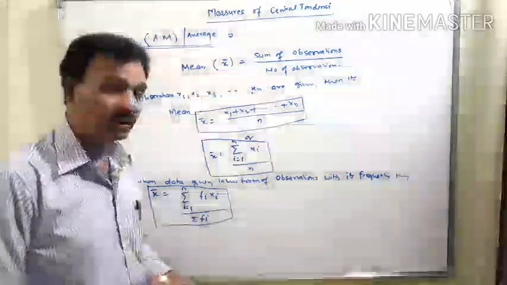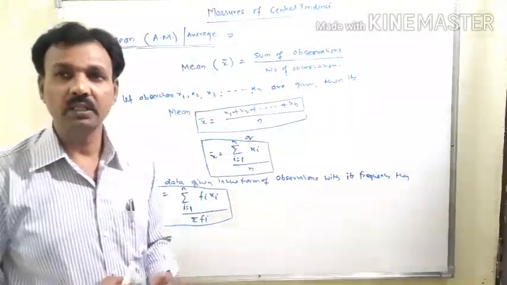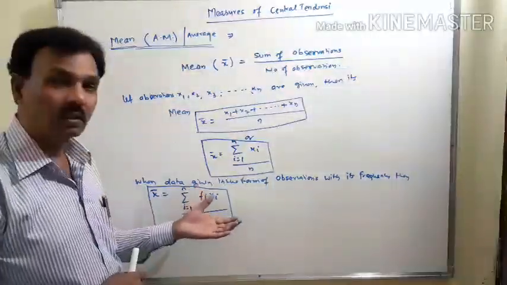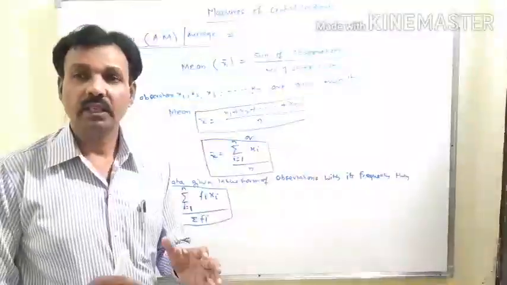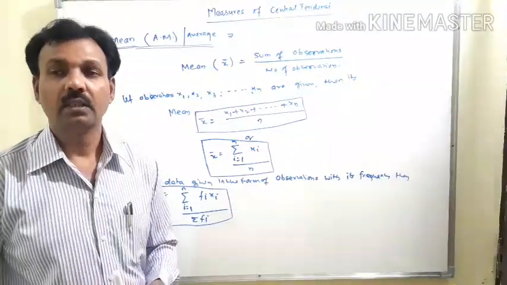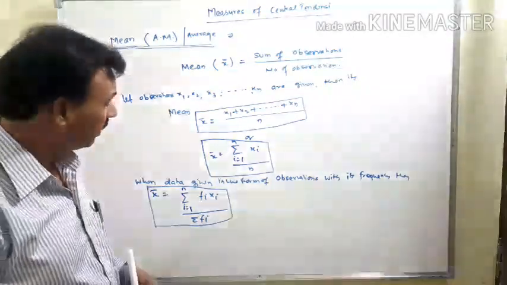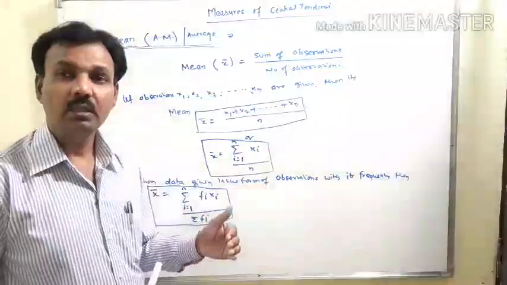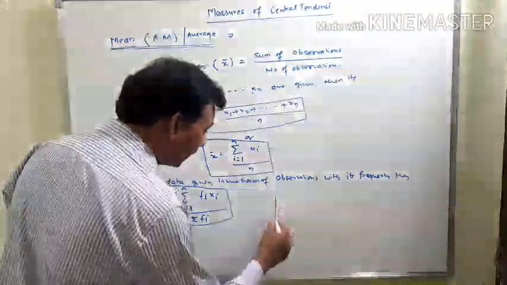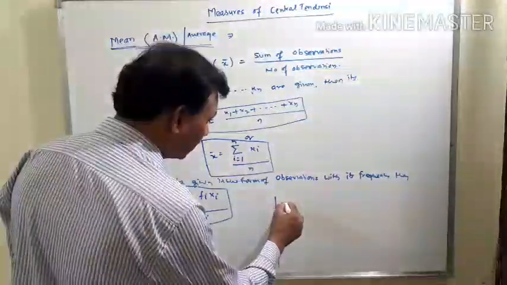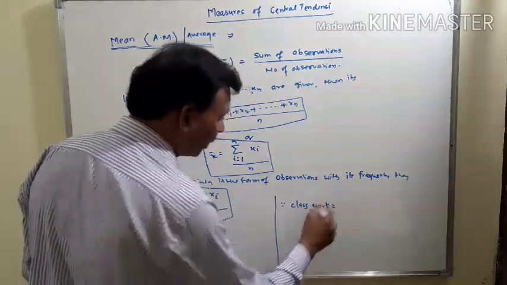But if observations are given in grouped data, then we can find the mean of that data with the help of this formula. In that question, x is not given directly. Observations are given in grouped data like class intervals, so we should first find x. Here x is known as class mark.